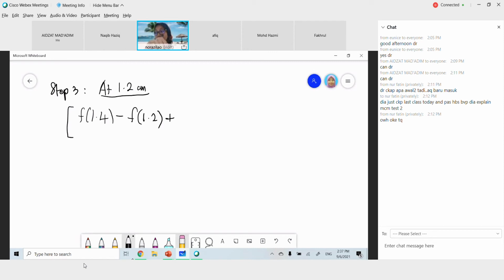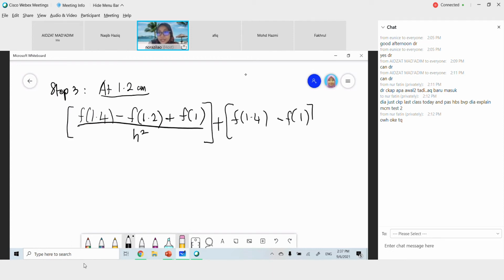So it means that f(i) divided by h power 2, plus function x i plus 1, so function 1.4, minus function x i minus 1.